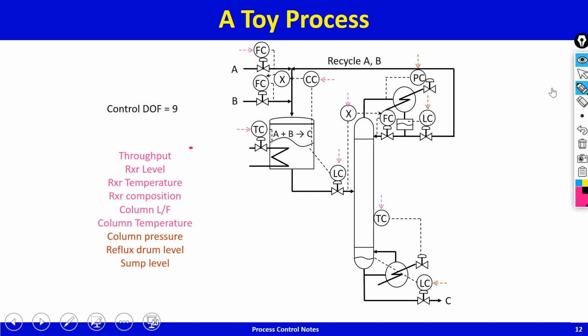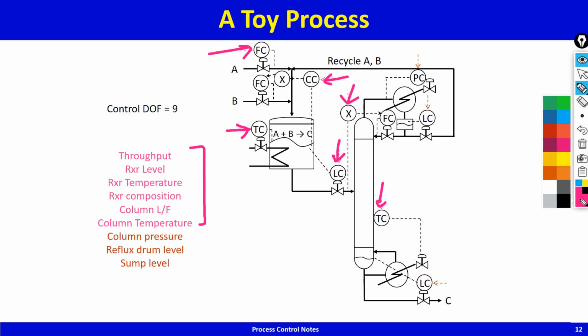So we have flow, reactor level, reactor temperature, reactor composition, column reflux to feed ratio, column temperature, stripping rate temperature. These are the 6 steady state degrees of freedom.